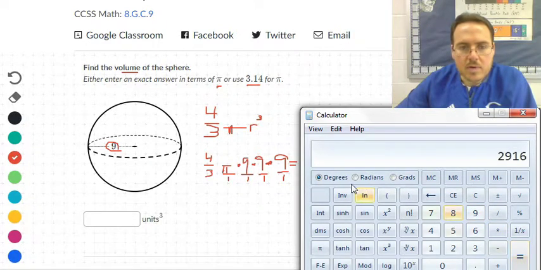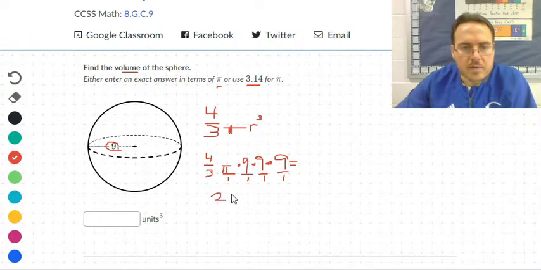It'd be 2916. So we would end up with 2,916 pi over 3. And that divides by 3.